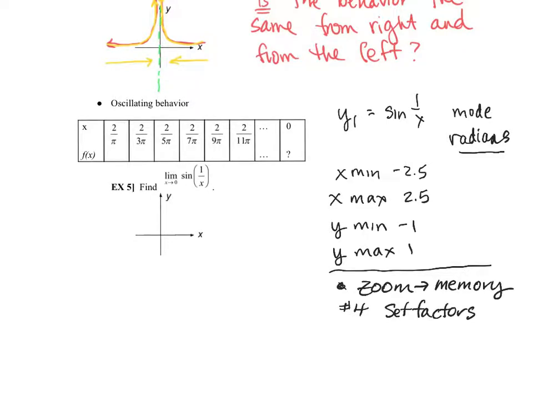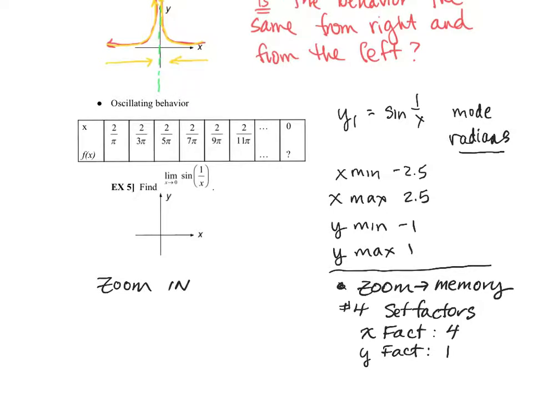All right, you want your x factor to be 4, and you want your y factor to be 1. Then what I want you to do, once you graph it, hit zoom in.